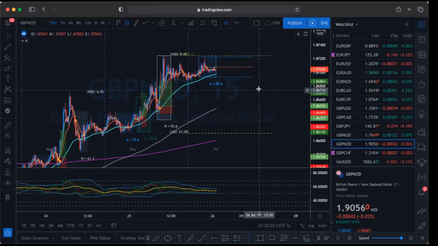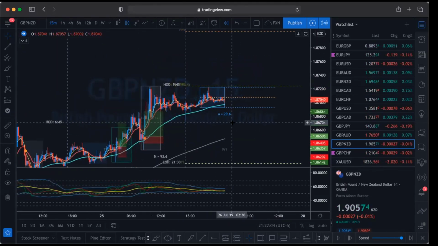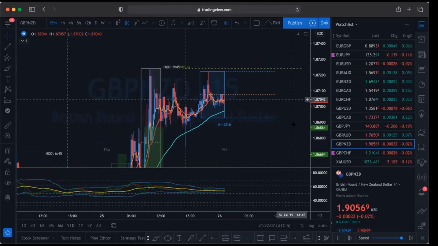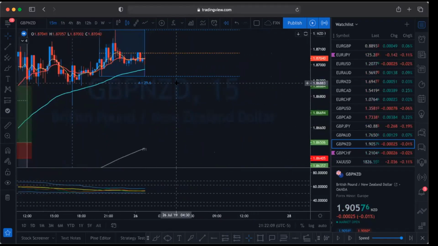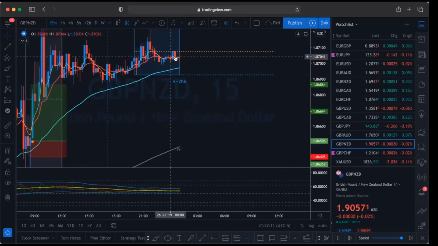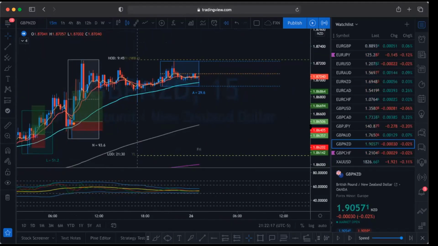All right. So if we look at where price is right now, it's going to end up coming out of the middle of the range. The only thing that I'm looking for is my bias is still to buy. We're still above the 50 on the TDI. If I can get possibly a type 2, that would be an ideal setup for me.